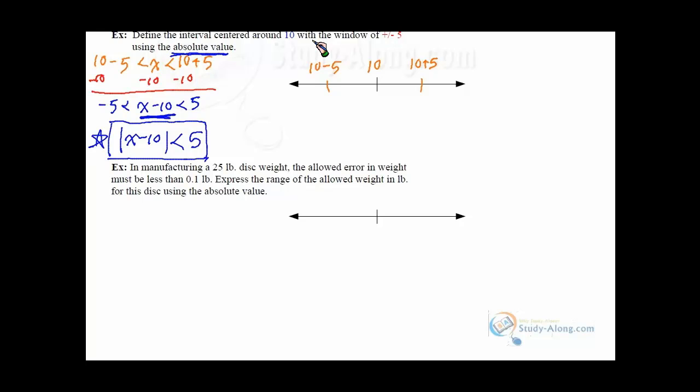That means that, say the machine gets messed up or whatever, it can't be more than 0.1 pounds off. Or else, they're going to have to throw it out and remanufacture it. So, basically, the standard is 25. What's the plus or minus interval? It's 25 plus 0.1 or 25 minus 0.1.